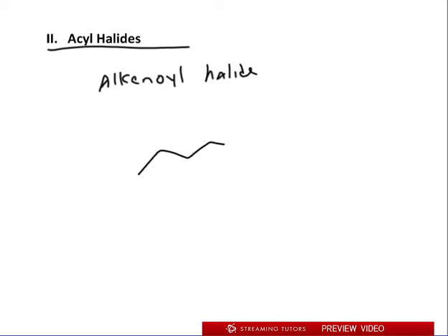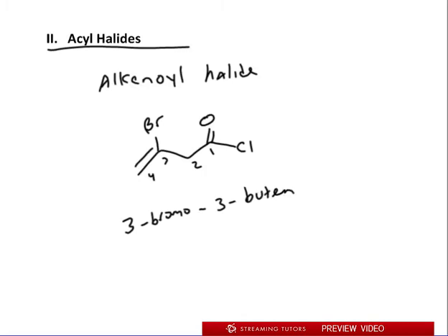So for example, if I have a carbonyl and a Cl, okay, this is 1, 2, 3, 4. And of course we know priority 1 is the carbonyl. Priority 1 is always going to be the carbonyl of the class. So, you know, we might have, let's say, a Br here. So we have a 3-bromo. And let's make a double bond. So 3-bromo, 3-butene, right? Or you could write but-3-ene, same thing.